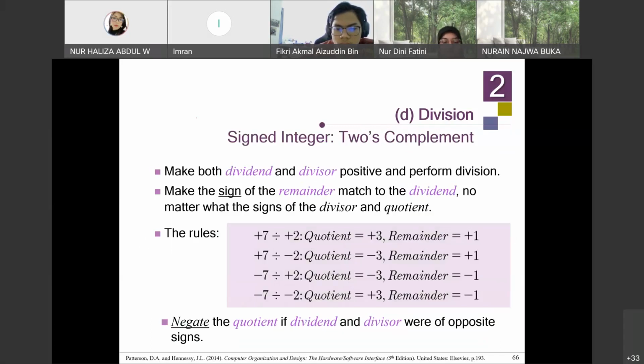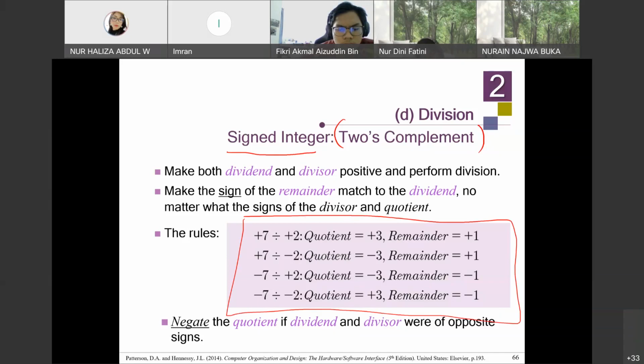But for the signed integer, you need to apply 2's complement. For the 2's complement, you need to remember these rules. If positive and positive, what will happen to quotient and remainder?